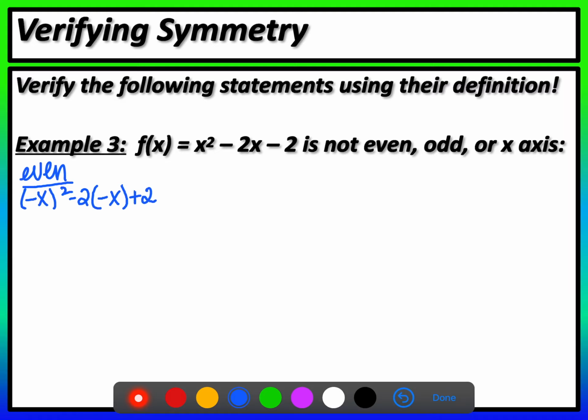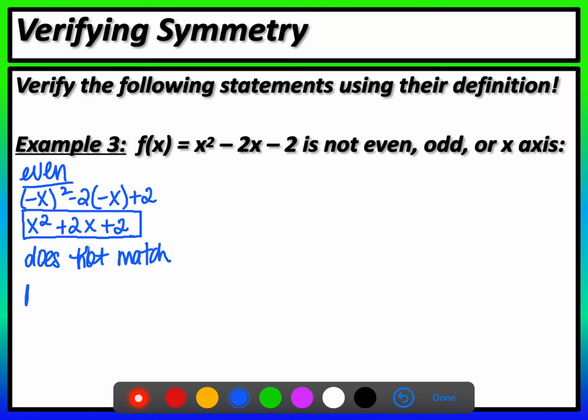Remember, if you're having trouble with those exponents, just plug it into your calculator. Negative 1 squared, use parentheses. So this is my simplified. This does not match the original function, no. So that means that this is not even.